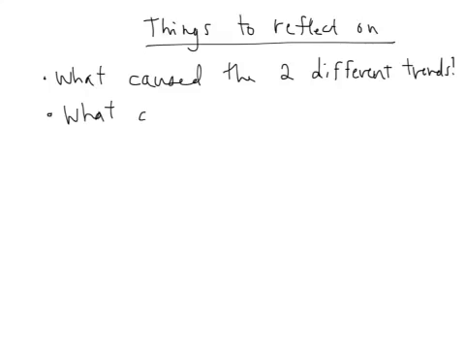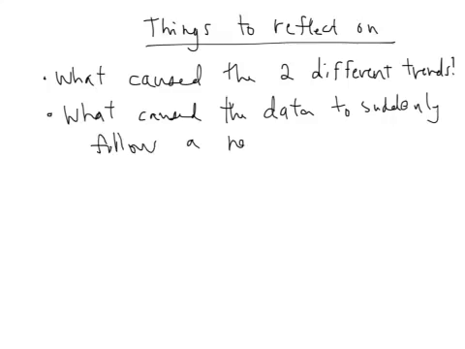What caused the data to suddenly follow a new trend? There are oftentimes really practical reasons why this could happen. For example, maybe you changed your procedure or your design procedure halfway into the experiment, and that's when your data switched and started doing something else.